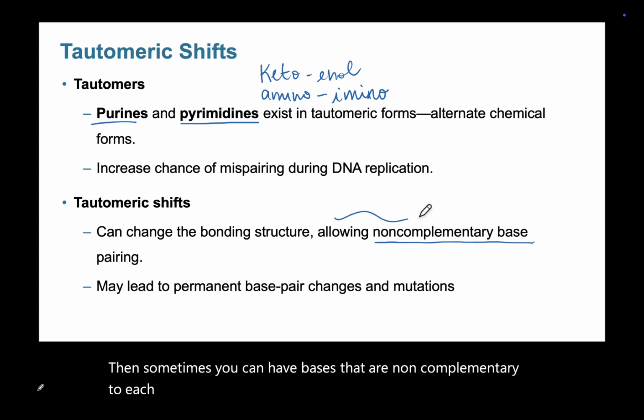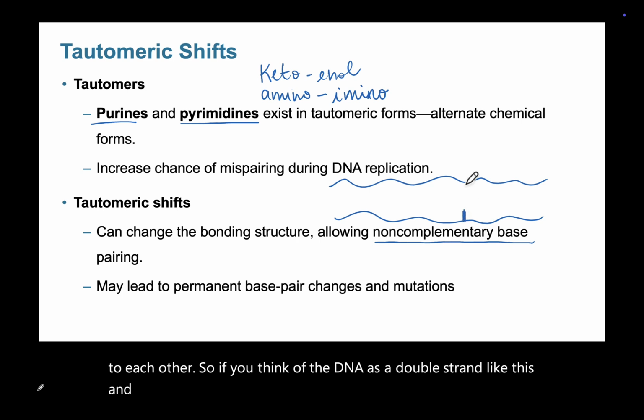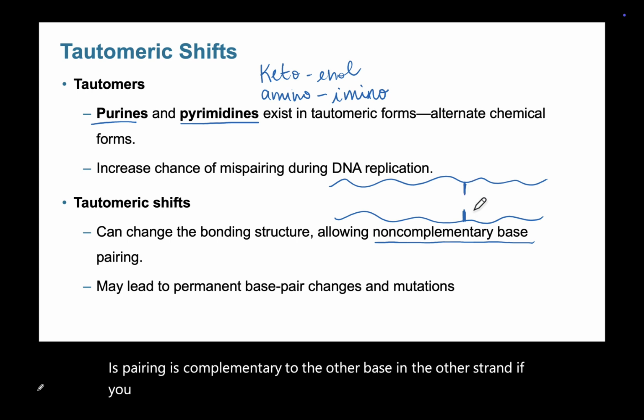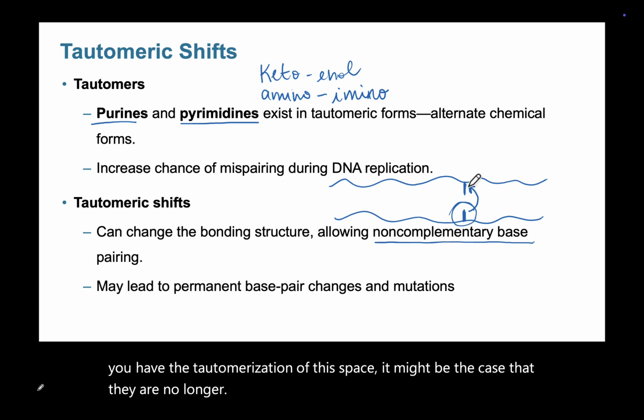So if you think of the DNA as a double strand like this, and one base is complementary to the other base in the other strand, if you have the tautomerization of this base, it might be the case that they are no longer complementary to each other.